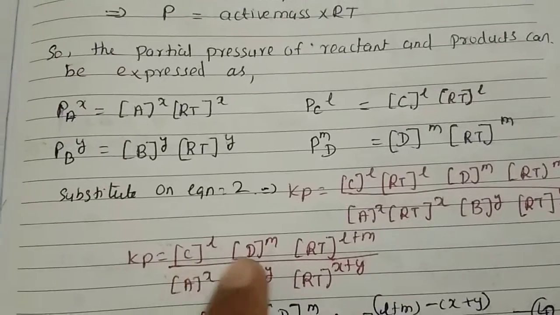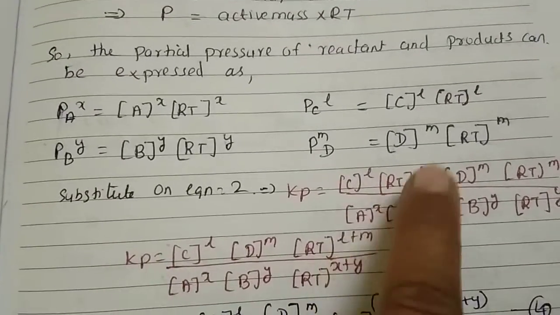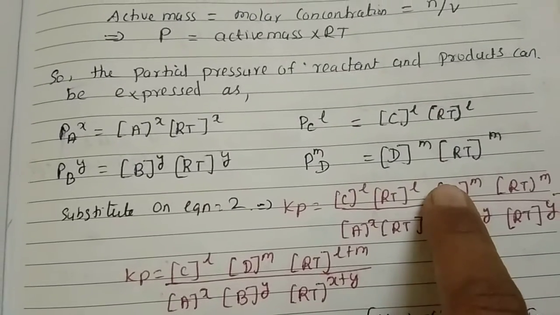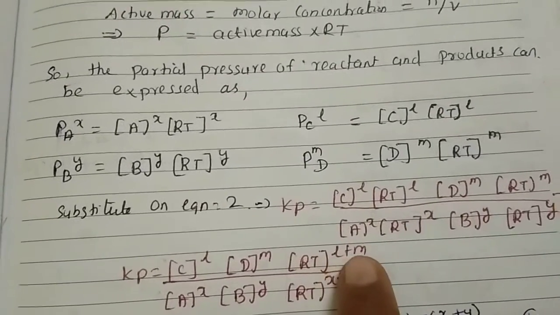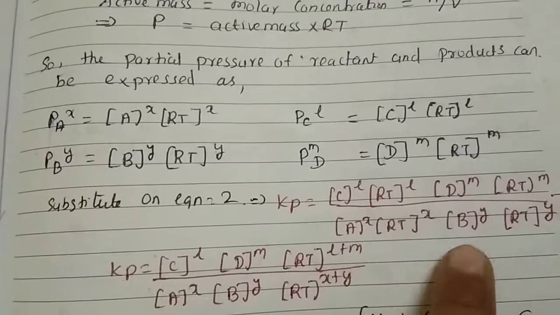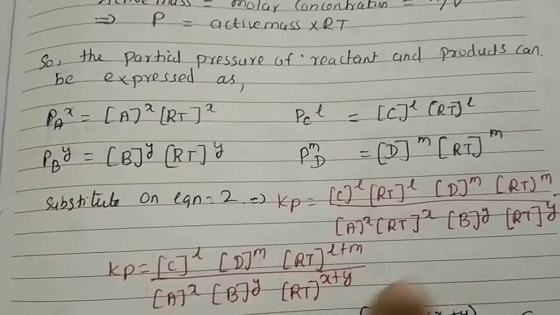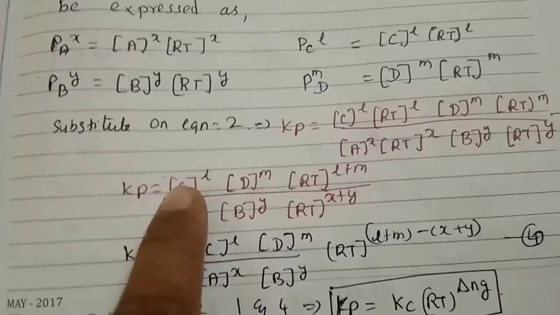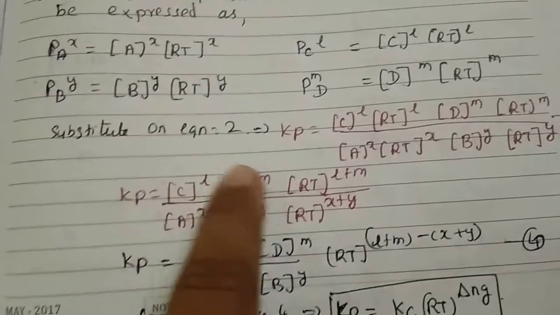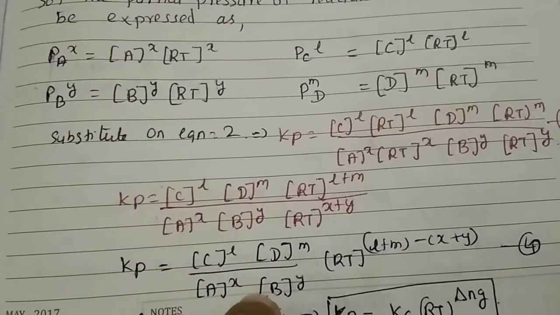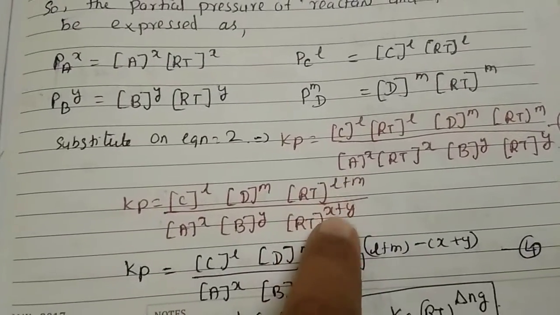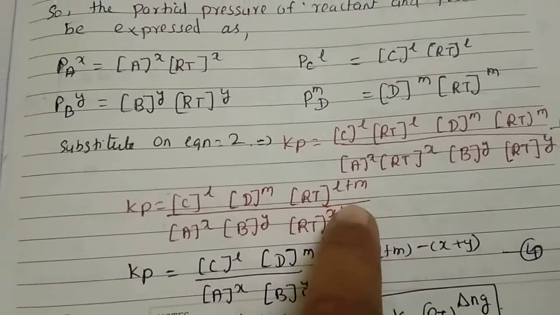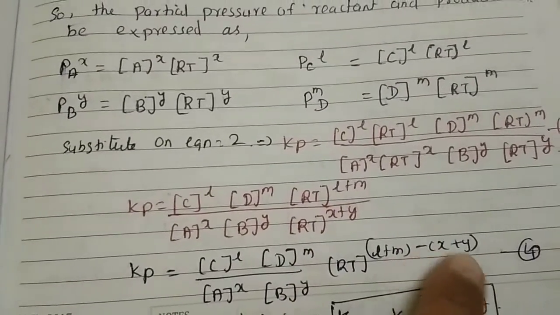So [C]^l [D]^m (RT)^(l+m). When it is multiplication, the powers are added. Then [A]^x [B]^y (RT)^(x+y). Then Kp equals active mass of product divided by reactant into RT. When it is division, it will be subtraction. So RT power (l+m) minus (x+y).